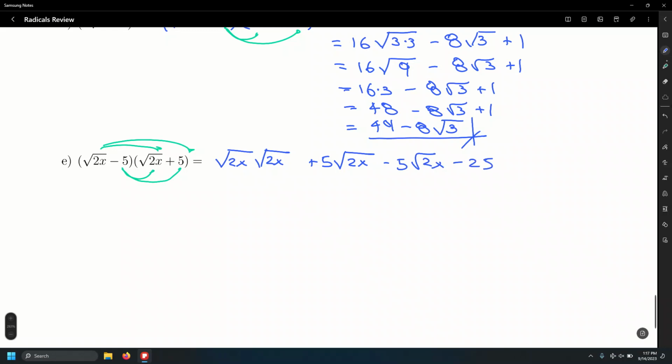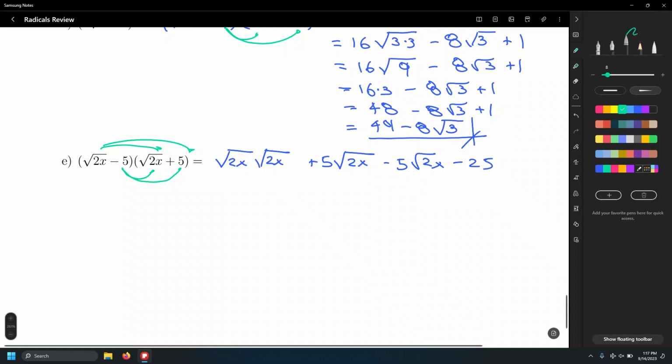Right away we can see that these two terms are like terms. They have the same coefficient, however they are opposite in sign, so we can cancel them out. For the first two terms where we multiply the two radicals, we multiply the square root of 2x times itself, 2x, and then minus 25. The 25 goes outside of the radical, by the way.